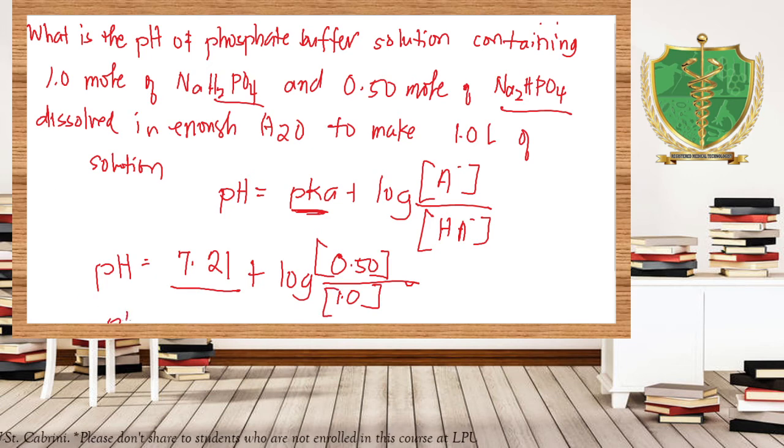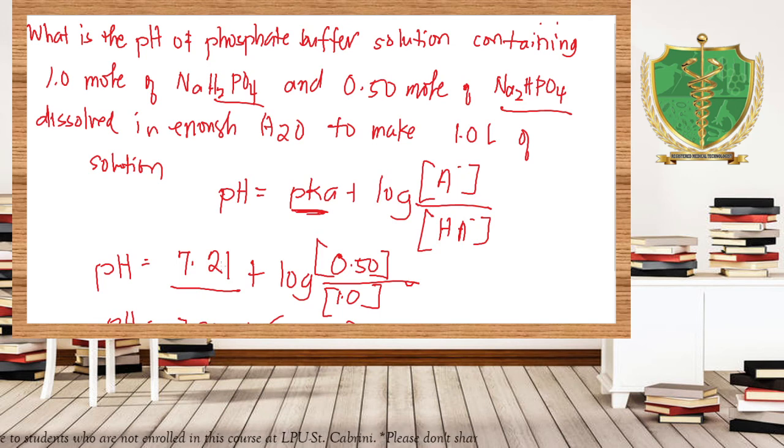So that will be pH is equals to 7.21 plus, so divide it first, 0.50 divided by 1, that's gonna give you 0.50. And then we're going to get the logarithm. Logarithm of 0.5 is negative 0.30.